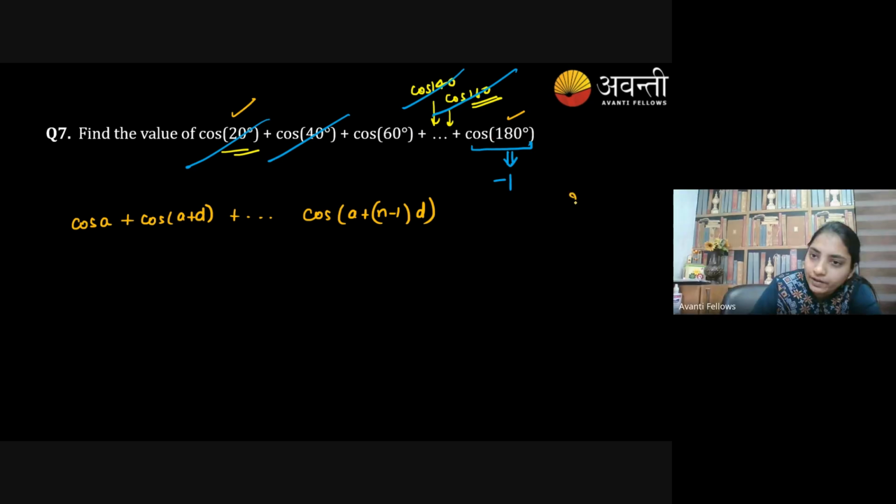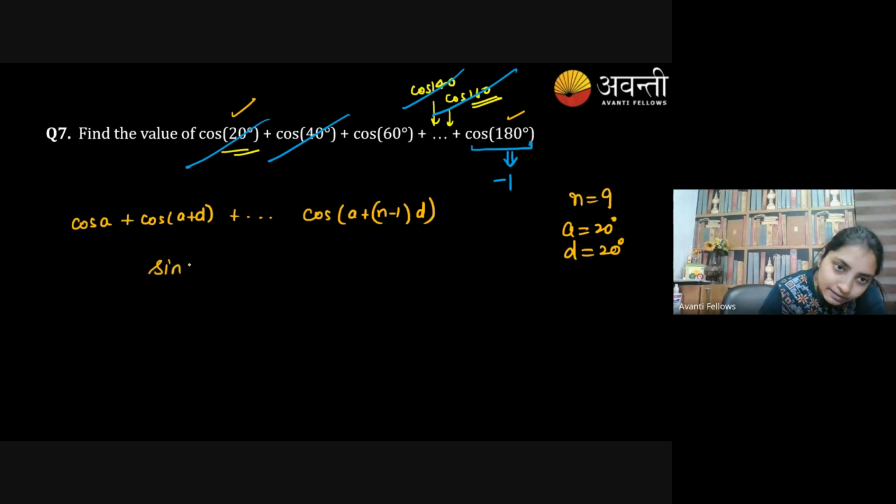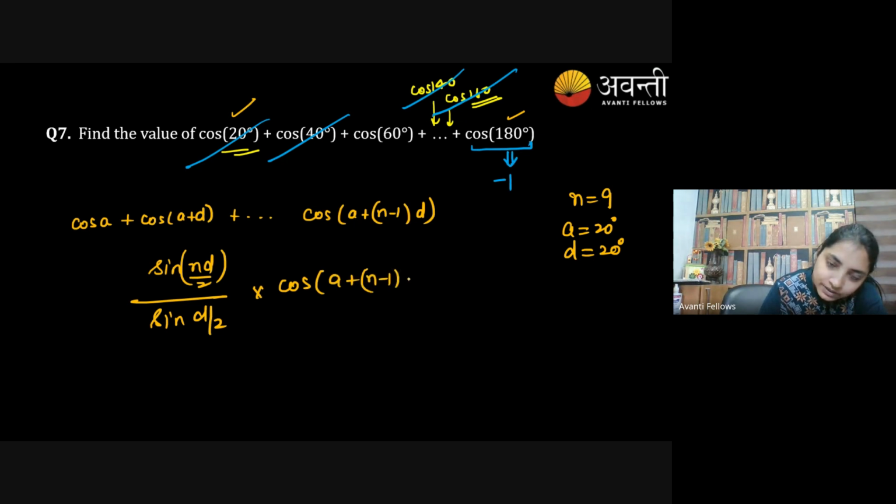So n is 9, A is 20, and D is 20. The formula is sin(nD/2) divided by sin(D/2) into cos(A + (n - 1)D/2). Right?